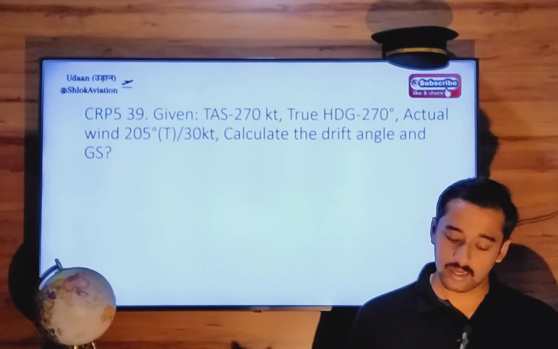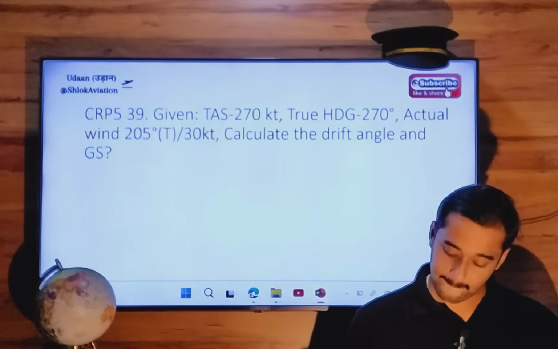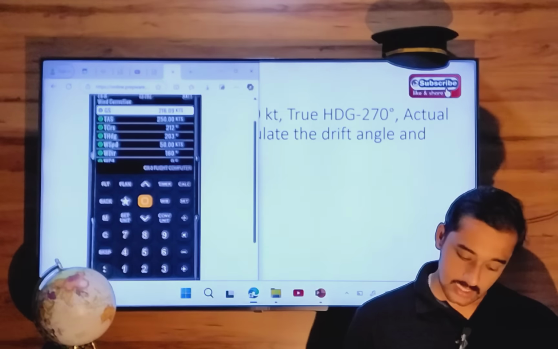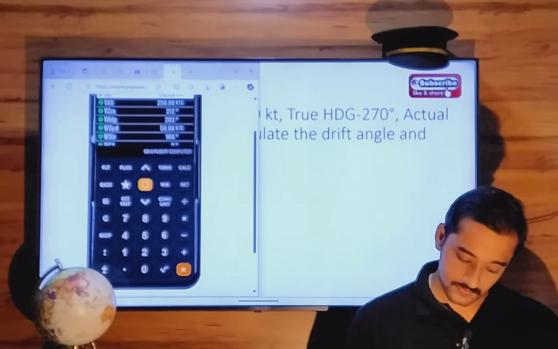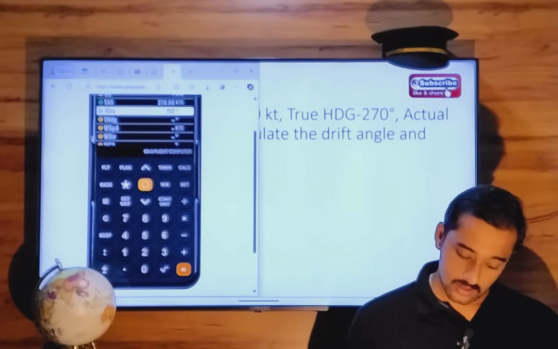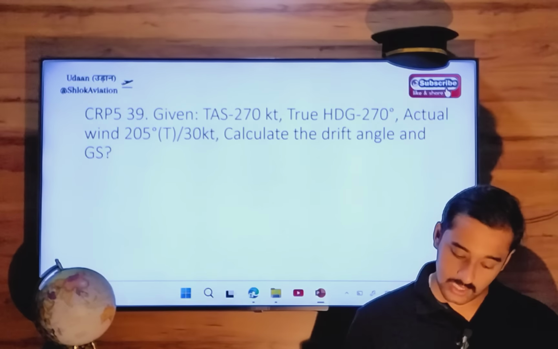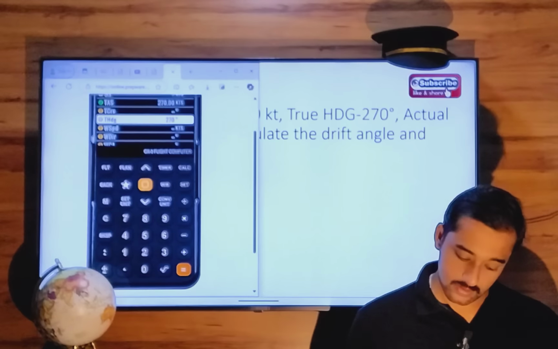TAS, true heading, winds given to you. What is drift and ground speed? So TAS is 270, true heading is 270. Winds 205 at 30.